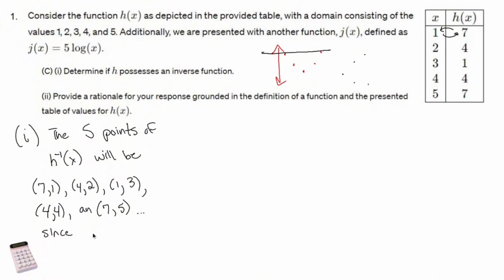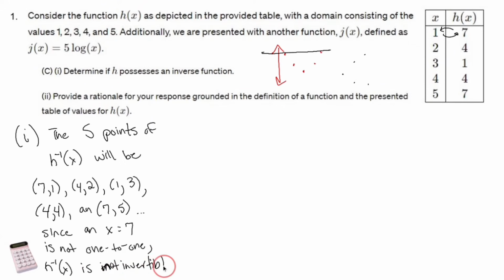Since an x equals 7 is not 1 to 1, h inverse of x is not invertible.